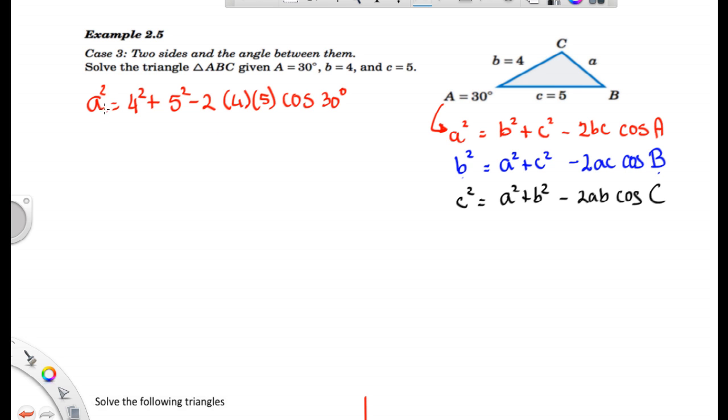So I can figure out what this is. I can do a squared equals, plug this in my calculator, hit enter, I get 6.359. Take a couple of decimals with you, take the square root, so that gives you a is 2.52.